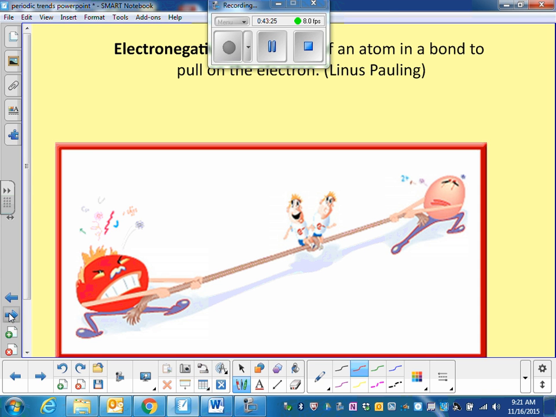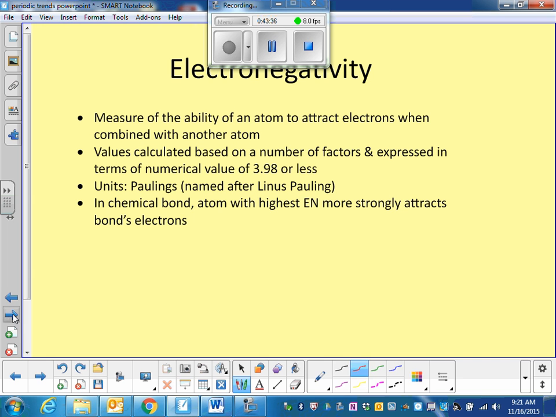Now we have to study the pattern. The pattern is very obvious. Smaller the size, what happens to electronegativity? It increases. Bigger the size, it decreases.